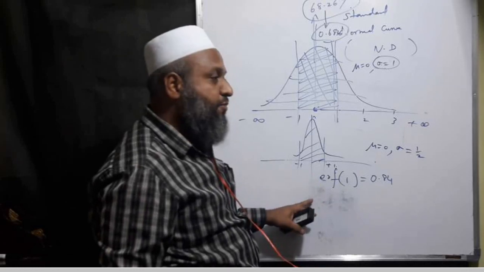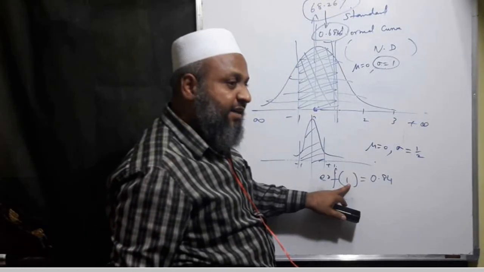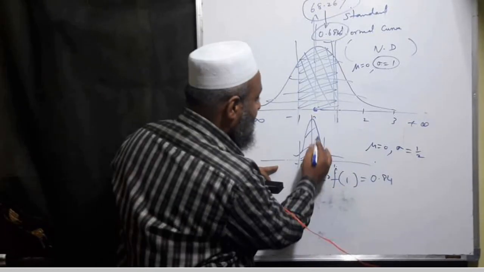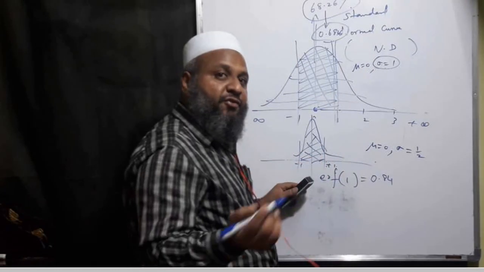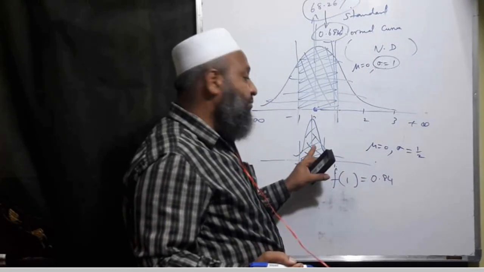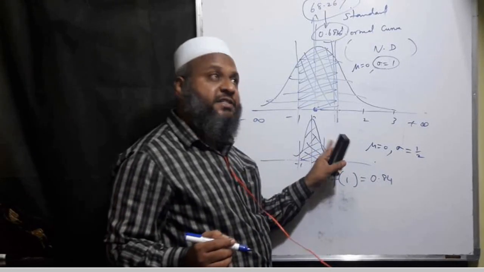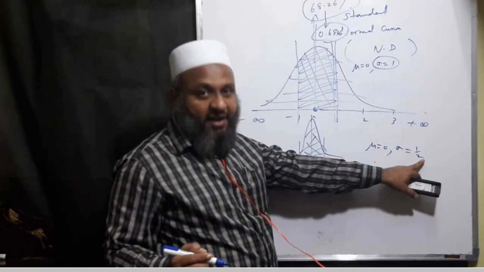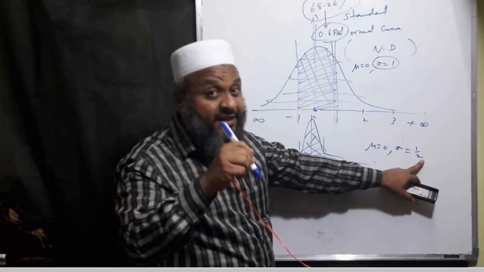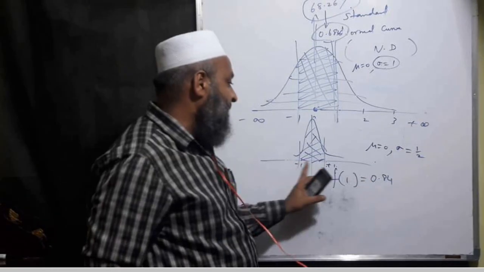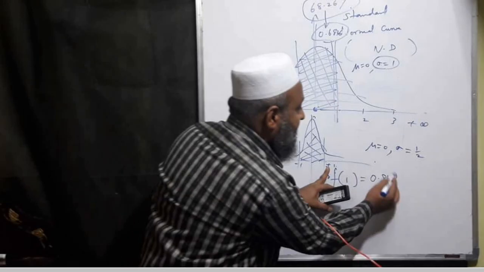Now coming to the point, the error function at 1 is going to become this particular area. If you know from probability, it is the probability that the random variable x, satisfying a normal distribution with mean 0 and standard deviation half, will be between -1 and +1, which is 84%.